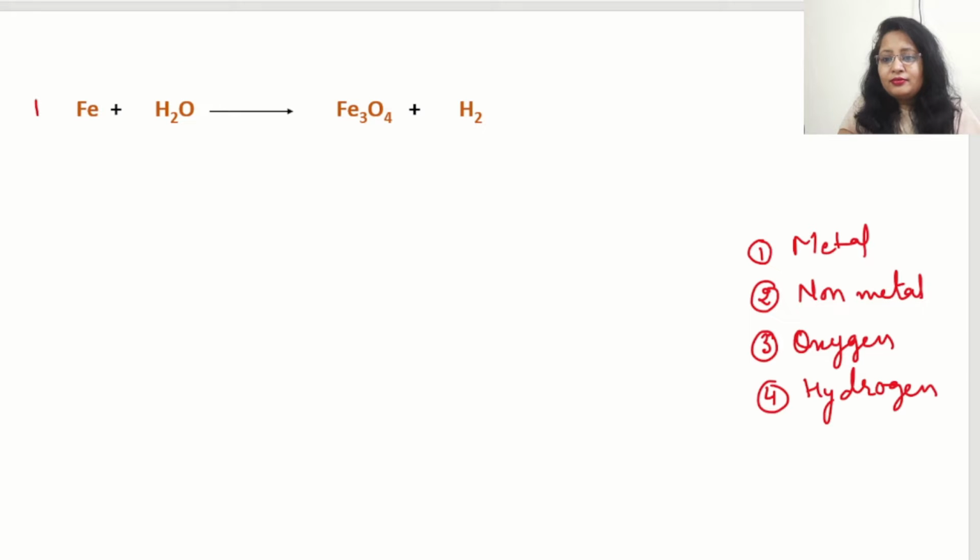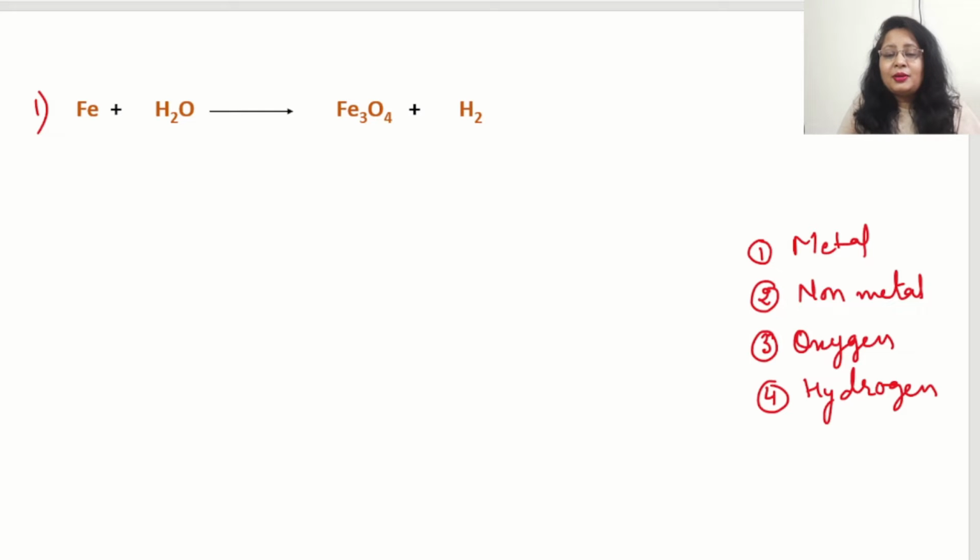Here we have Fe plus H2O. It gives Fe3O4 plus H2. So here we can see easily: Fe is metal, iron, then hydrogen and oxygen, 3 elements are there. Let's start balancing.